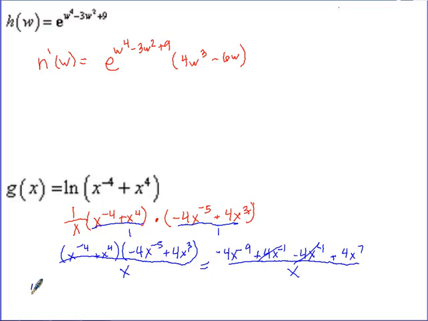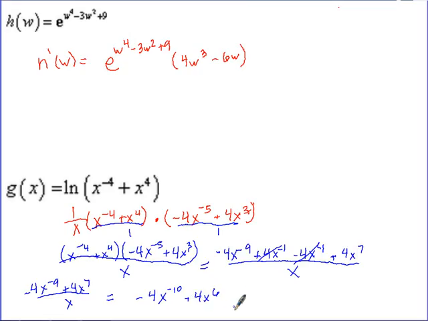So really this is negative 4x to the negative 9 plus 4x to the 7, over x. Do they all have an x that I can cancel? Yeah. So if I take away 1 x from everything, I'm left with negative 4x to the negative 10, because remember, you're subtracting the exponents, right? And then plus 4x to the 6th.